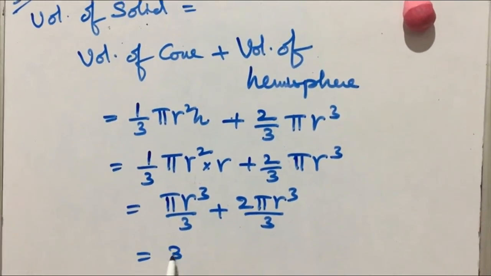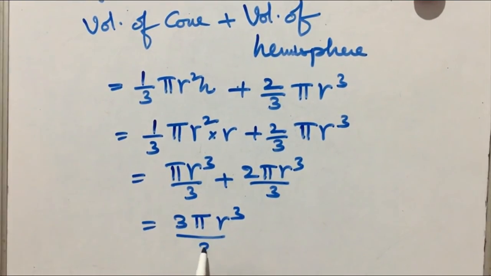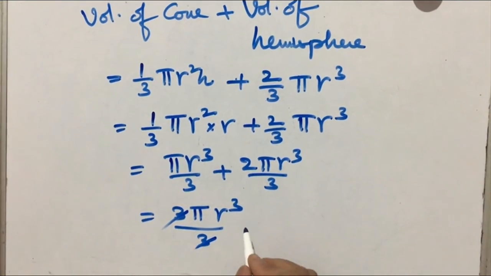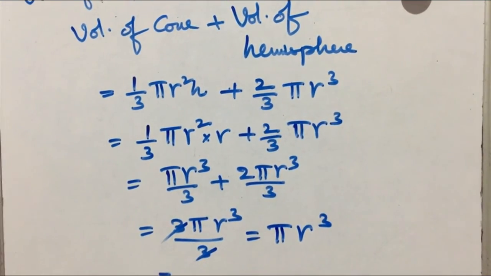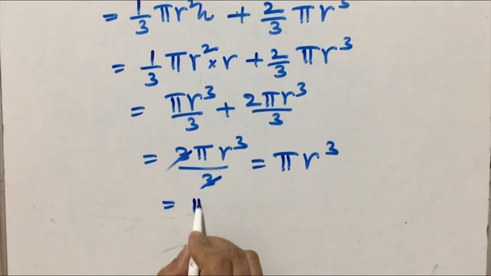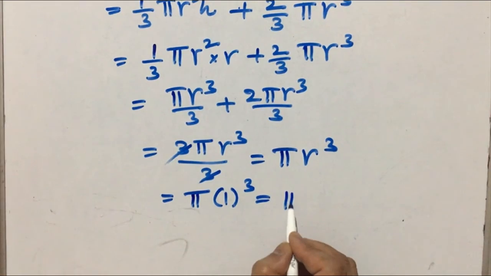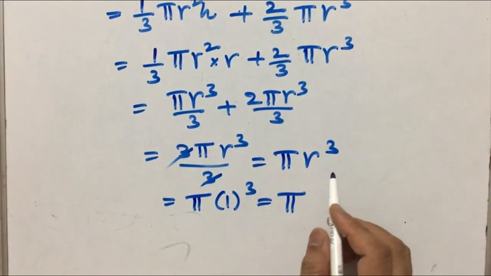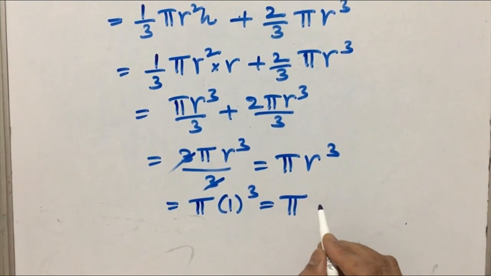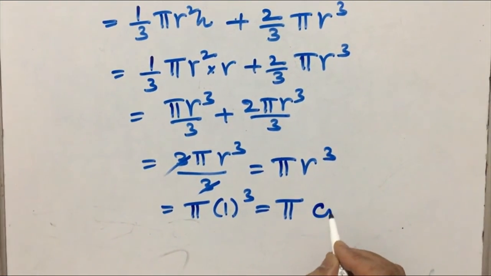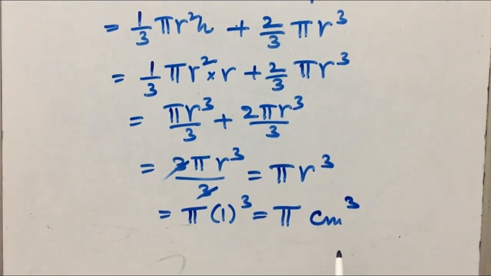By adding this, we get 3 pi r cube by 3, the 3 gets cancelled, and pi r cube is left. Given that r is equal to 1 centimeter, substitute that value, and we get pi. They told us to find the volume in terms of pi, and don't forget to write the units, that is cubic centimeter, or you can write it as centimeter cube.